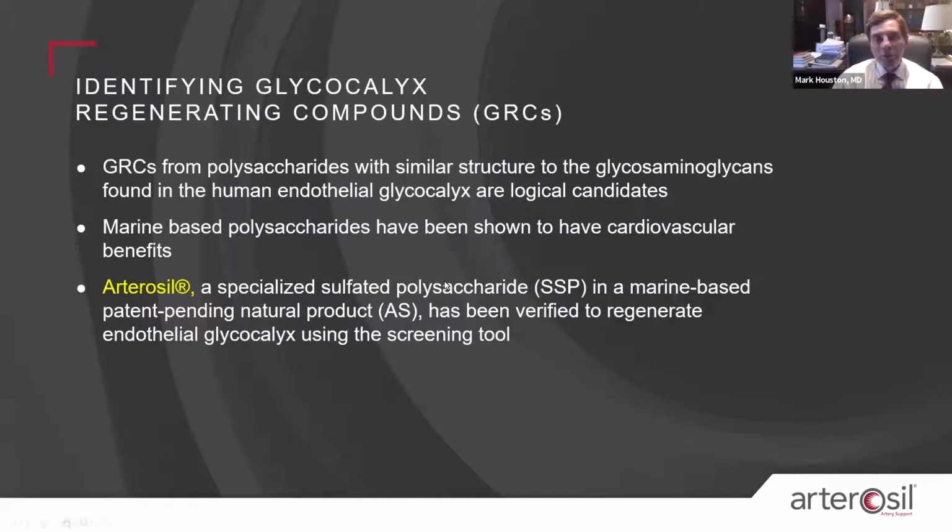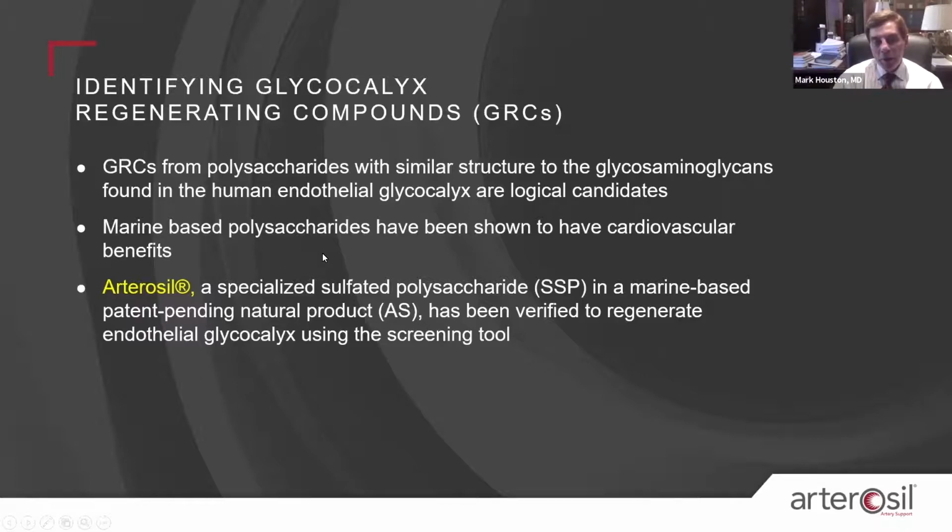So what we now have is the ability to actually do regenerating compounds to repair the glycocalyx. These are called GRCs, and they're made from polysaccharides, very similar structure to the glycosaminoglycans you find in the human endothelial glycocalyx. So these were very logical candidates to use in human studies. They're marine-based polysaccharides and have data, which we'll show shortly, that have cardiovascular benefits.